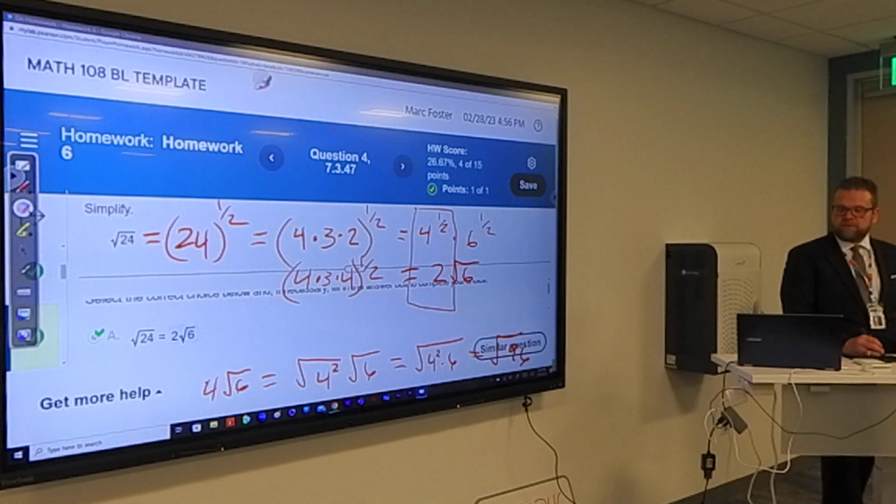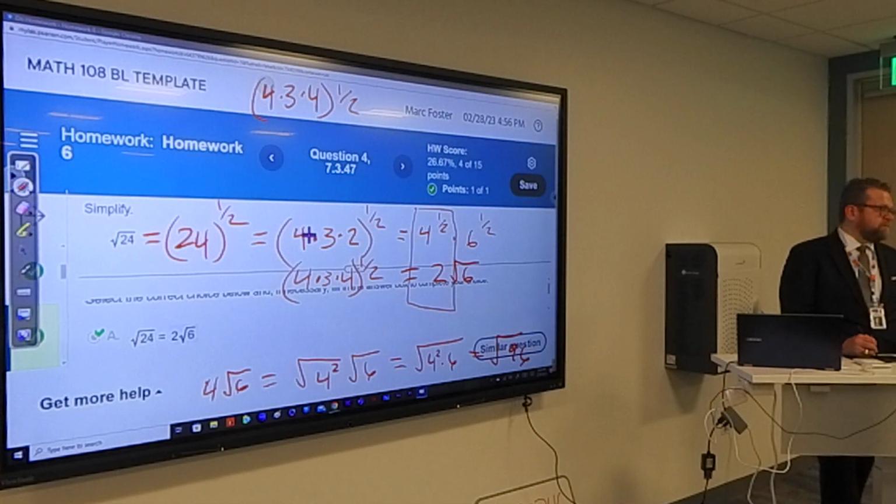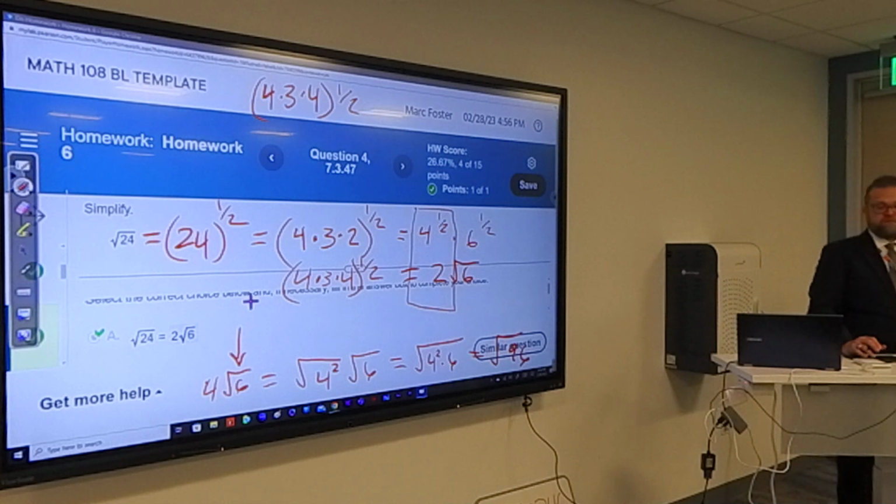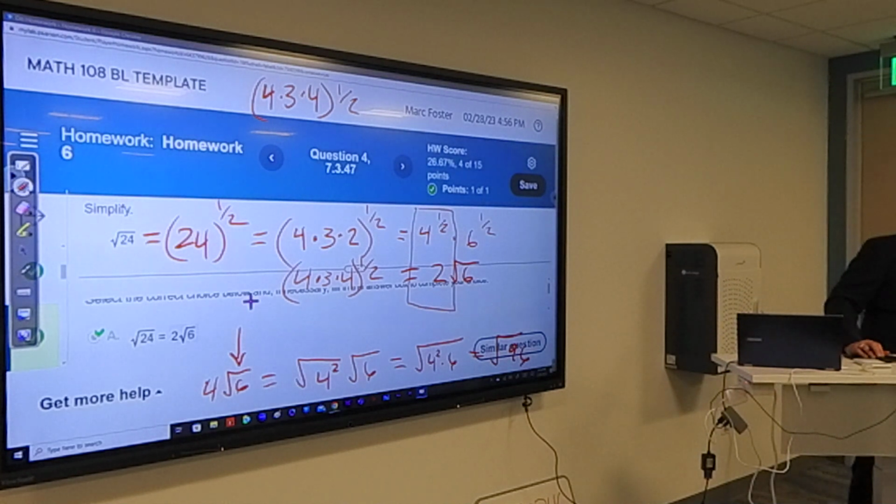Work it up here, we're having more room. This is just 16 times 3. So the square root of 16 is 4. It wouldn't be 4 square root of 6 is the deal. It would be 4 square root of 3.